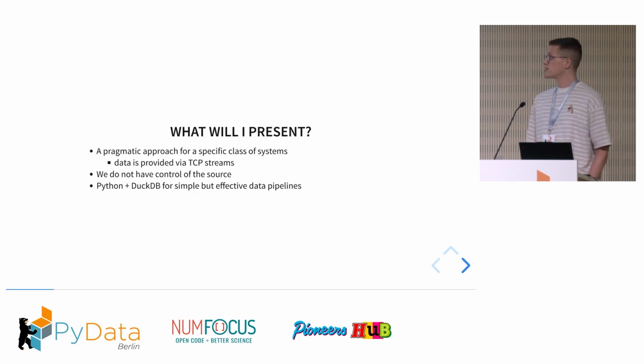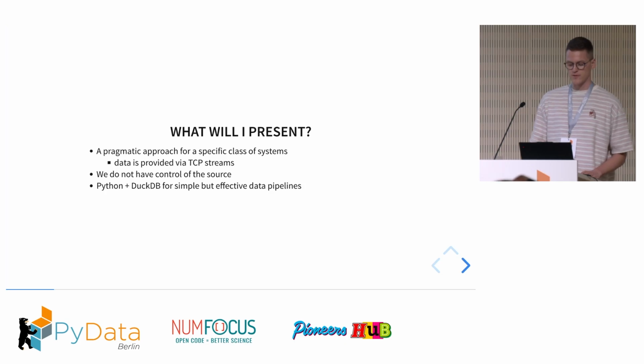So what will I present? I will present a, let's say, pragmatic approach for a specific class of data systems, mainly if their data is coming in through TCP streams. And usually with systems that provide data by raw TCP streams, we do not have control of the source, because that's usually some kind of embedded system, machine in some industrial shop or something like that.